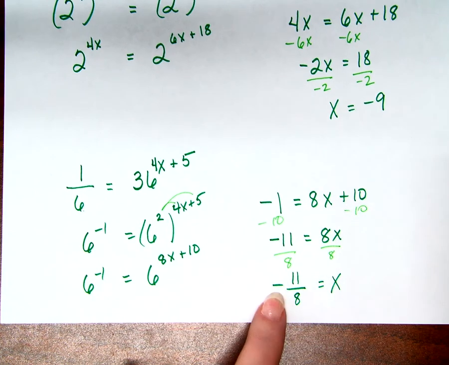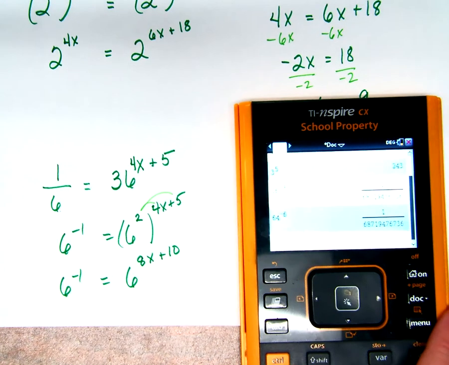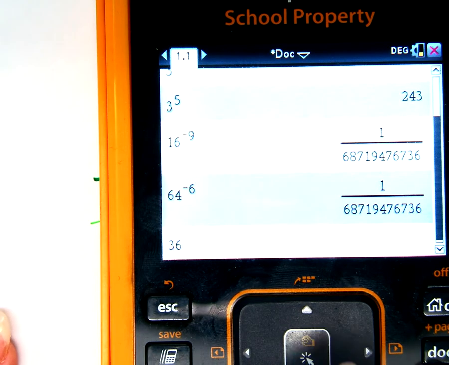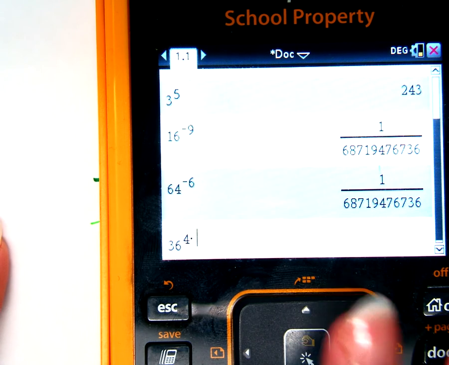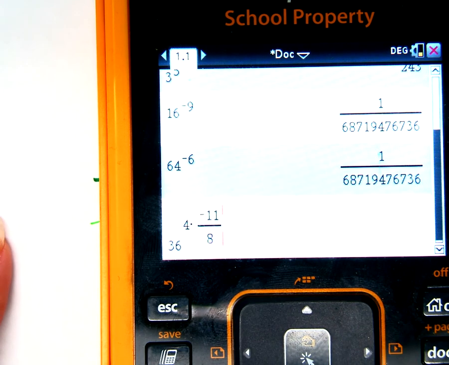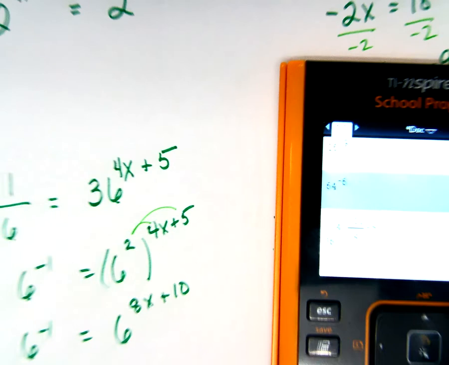So if I take negative 11 over 8, I'm going to zoom in real quick so it's not a jerk again. So I'm going to say 36 raised to the 4 times negative 11 over 8 power, and then plus 5. Huh. Does 1/6 equal 1/6?